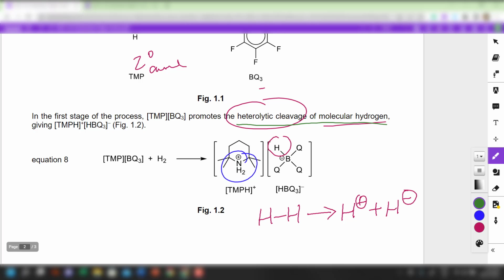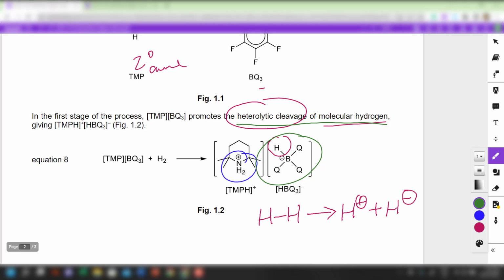And of course, upon polarization, you form this HBQ3 minus, this particular anion, and it has a negative formal charge at the boron. The electron withdrawing group is going to stabilize the boron center. That is something you have to be aware of.